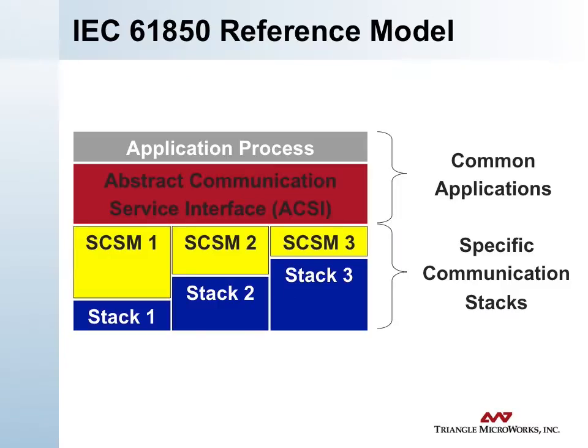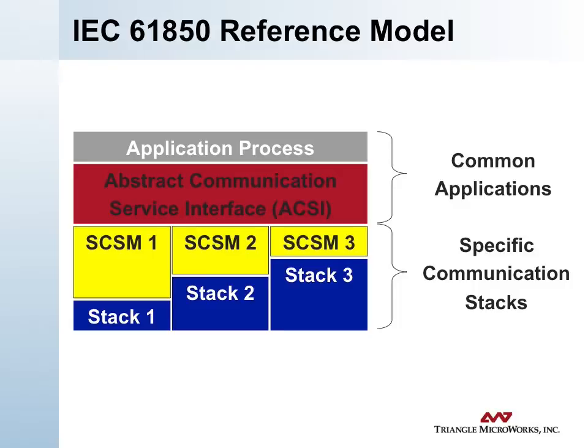The 61850 documents are organized around a reference model. The reference model includes the application process, which has functions and object models that are defined in terms of a set of abstract communication services. These abstract communication services are intended to isolate the object model definitions from whatever is being used to convey the data underneath the communication scheme.